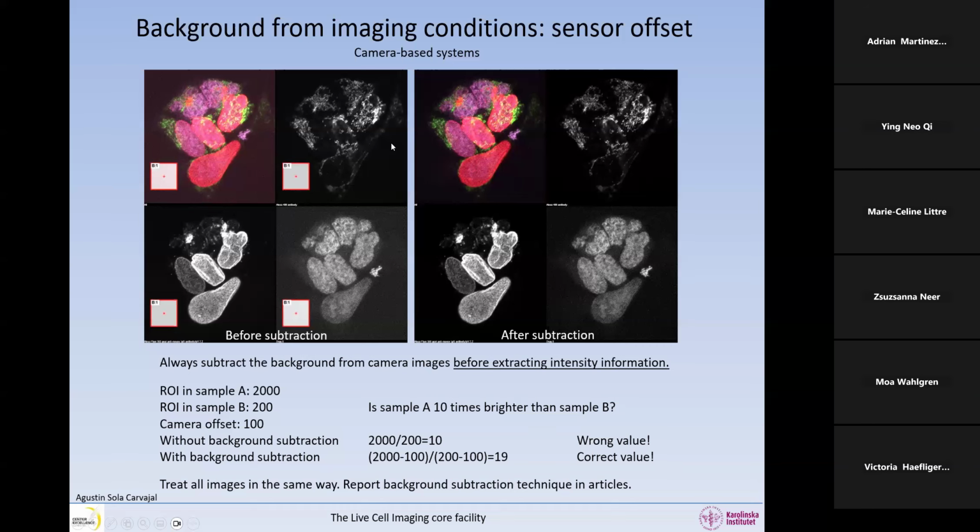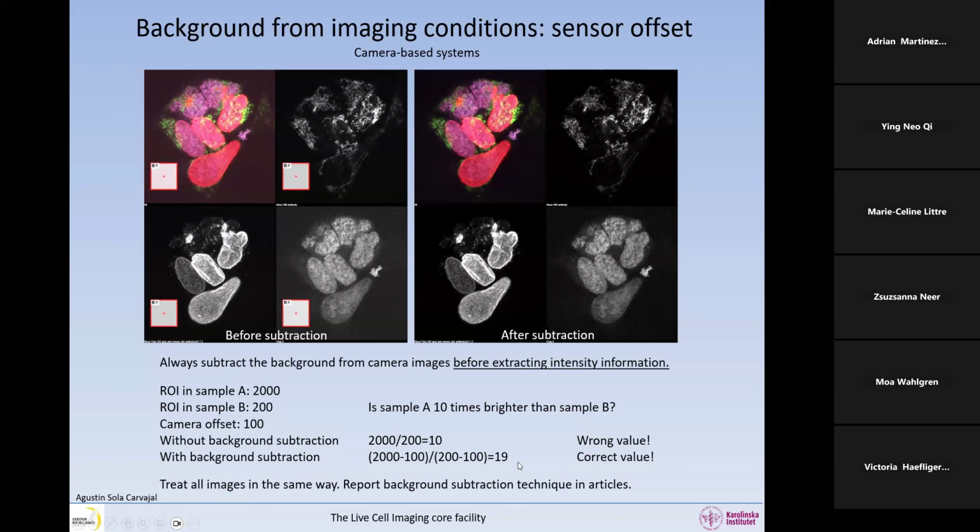So on the camera-based system, if you are comparing intensities and you have a bit dim sample, you must do background subtraction. So if we do it without background subtraction, we would come to 10. But this is the wrong value. If we first subtract the background, this is going to be 1,900, and here is going to be only 100. And therefore, the ratio is 19.